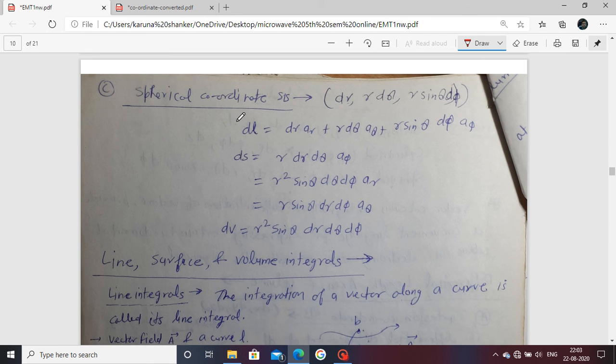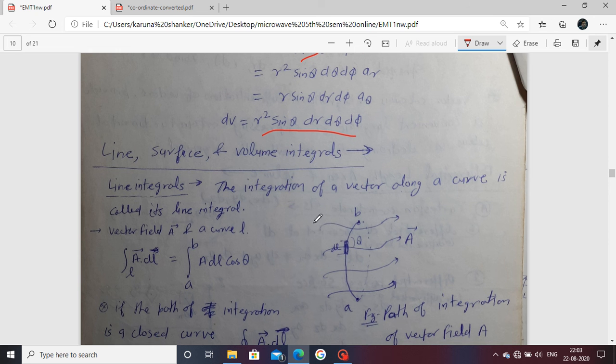In a similar way, for spherical coordinates, note this: dr, r d theta, and r sin theta d phi. In differential length, all three terms are added, two terms are multiplied for surface, and the opposite unit vector comes in. In volume, all three terms are multiplied.